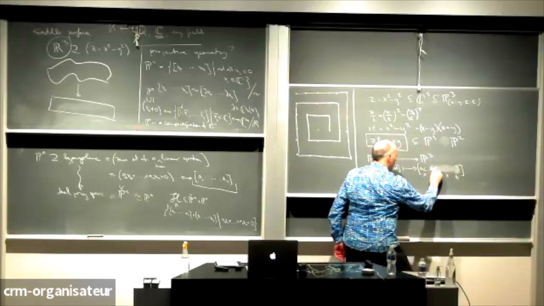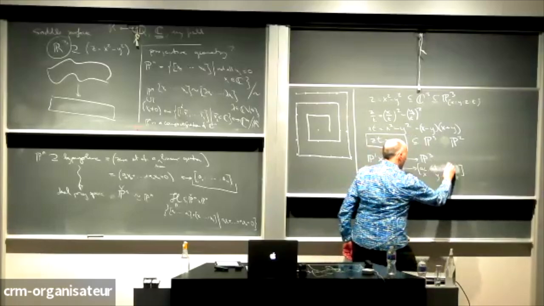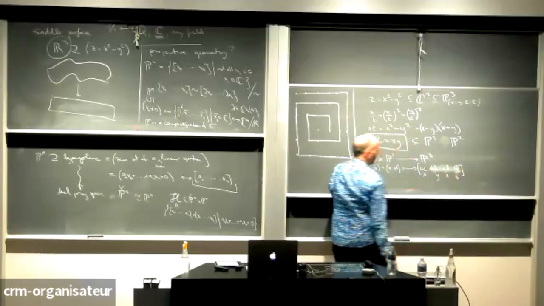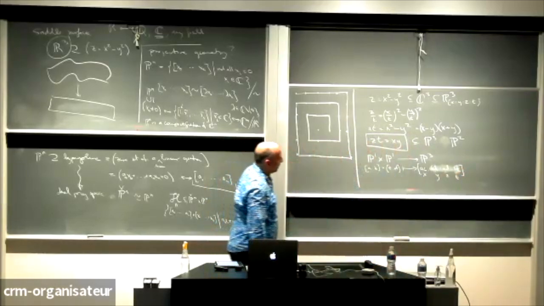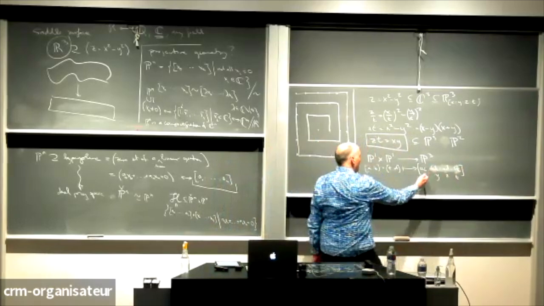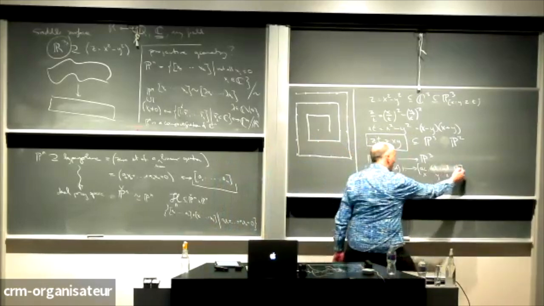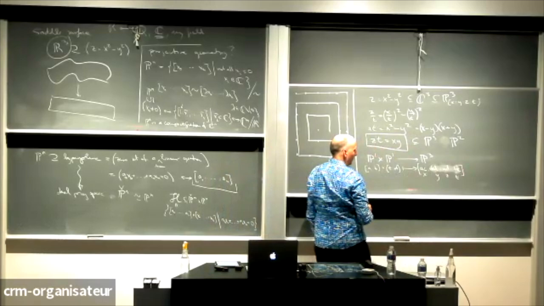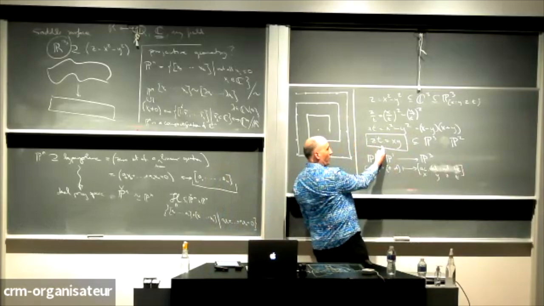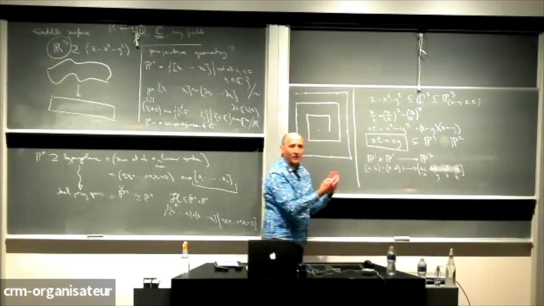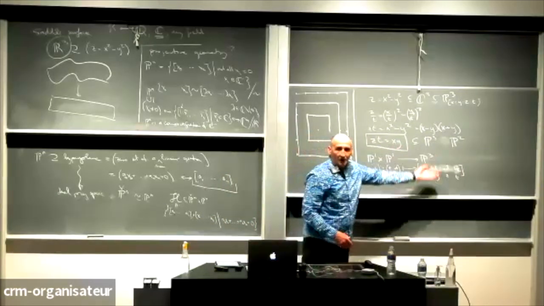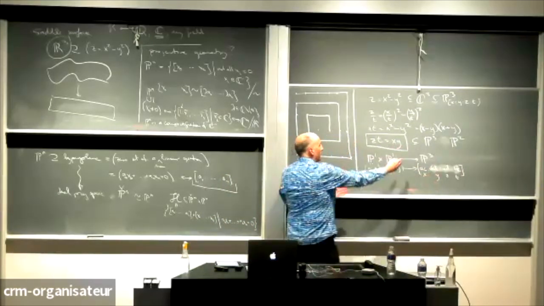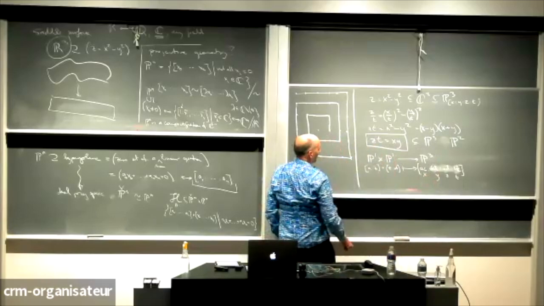So AC, BD, AD, BC. I just changed the order. So you can see that these coordinates satisfy this equation. And it's relatively easy to see that everything that satisfies that equation can be written this way. So the image of this map is exactly that surface.